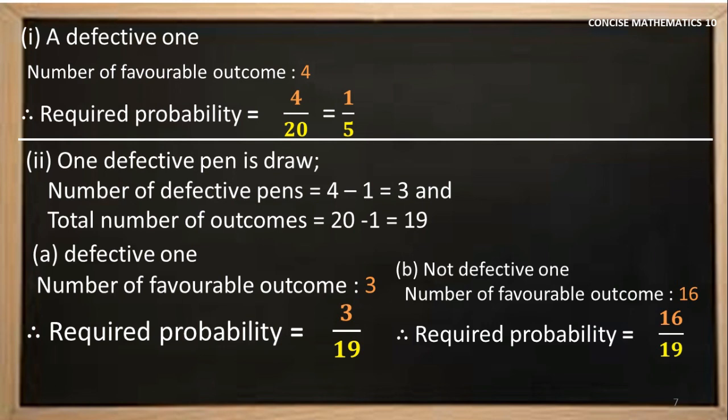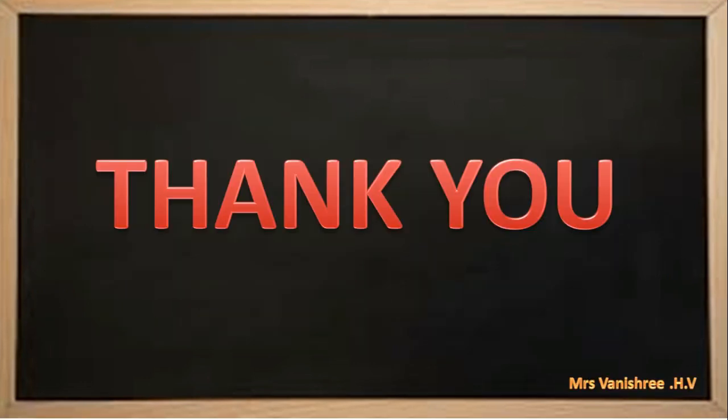Now after removing a defective pen from the given pens, what is the probability that the pen drawn is defective? So number of favorable outcomes is 3 because out of 4, 1 pen is removed. So now we have only 3 defective pens and the total number of pens is equal to 19. Hence the probability is 3 by 19. Not defective one, that is 16 pens. We had 16 good pens, probability is 16 by 19.